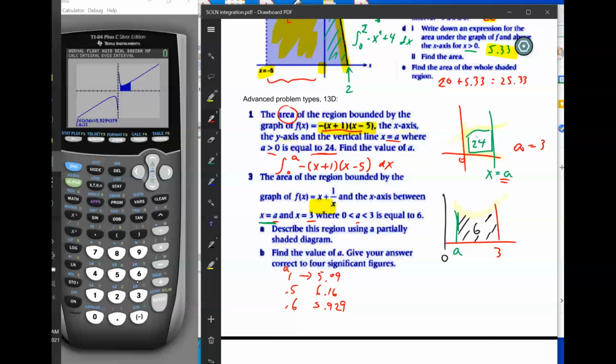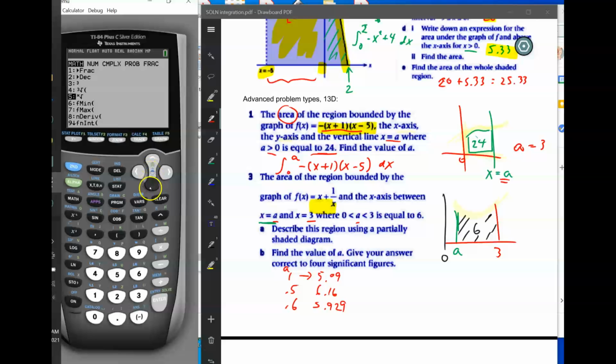So you can see that I could eventually get there with this method, but since this one is not a whole number, let me show you another way to do this. We're going to go to math, and I'm going down to the function solver or equation solver, which is the bottom one.